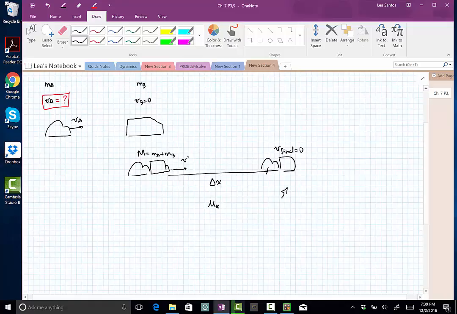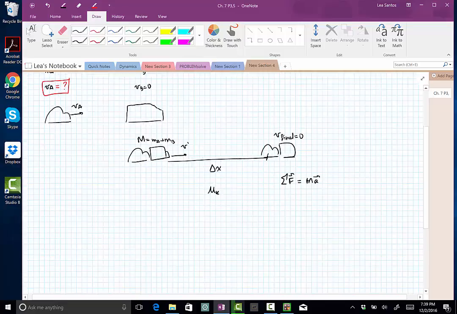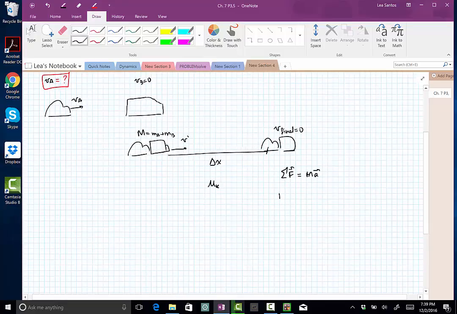So the sum of all the forces is equal to ma. The only force involved in this problem after the collision is the friction force. The friction force is the constant mu, the coefficient of kinetic friction, multiplied by the normal force.